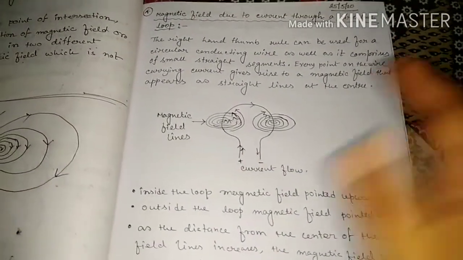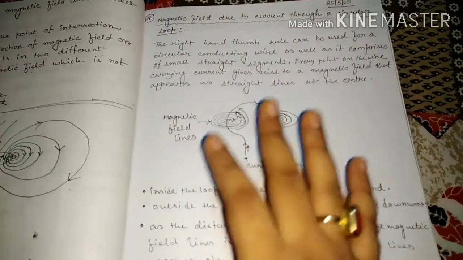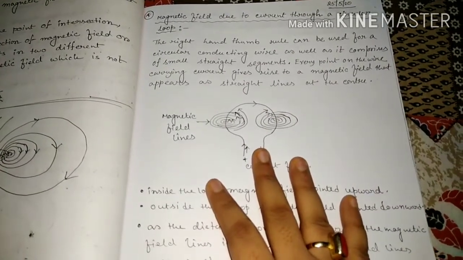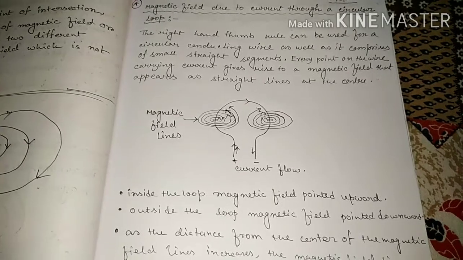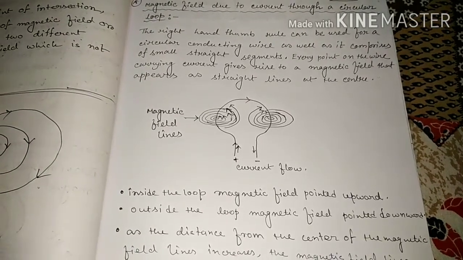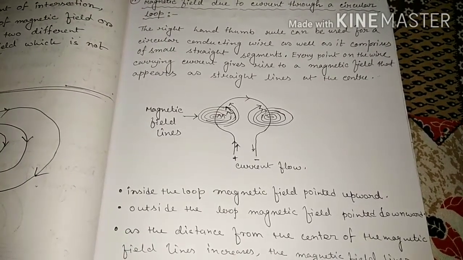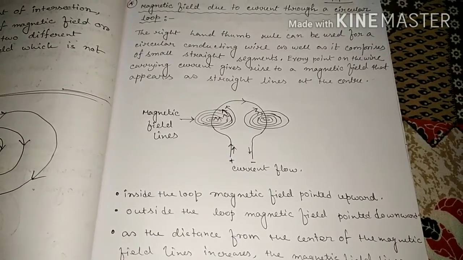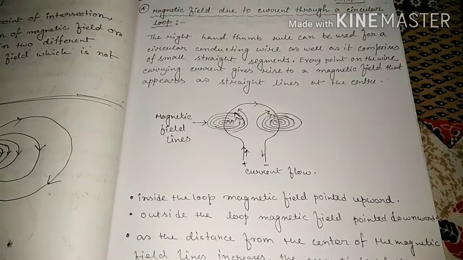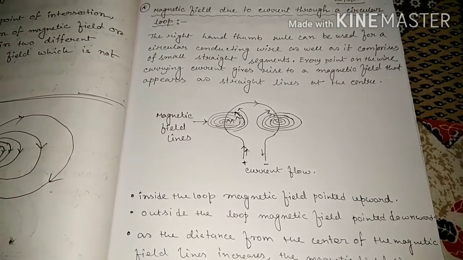That law is also used here, but in this case the current carrying conductor is a circular loop. You see in the figure, that is a circular loop. It is connected across a battery, plus and minus sign is over there. So one battery is connected across the two ends of a wire, or a circular coil.